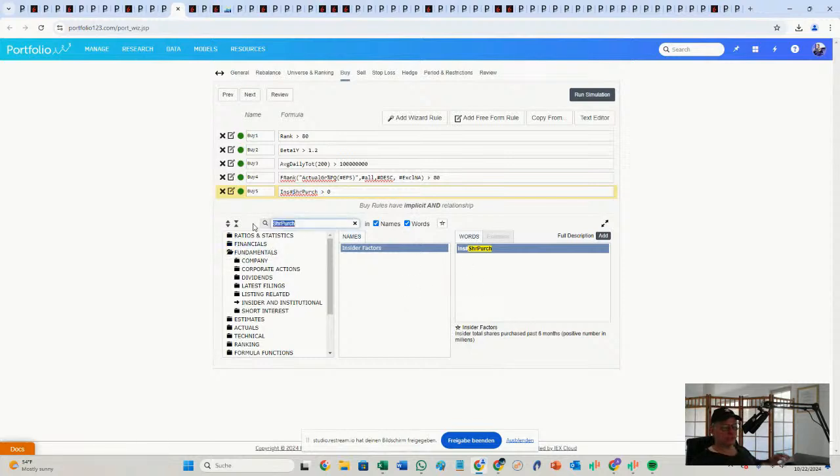Let me just see here. So the idea is I could have put in here insider net purchase, but then I don't get a lot of stocks. The idea is that I say, okay, I want at least somebody buying shares within the company. There's a ton of reasons why people sell shares, because they want to buy a house or they want to limit risk, and stuff like that.